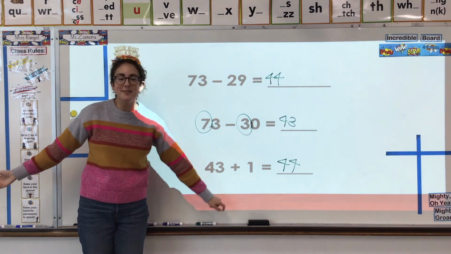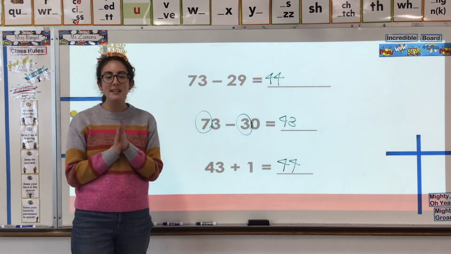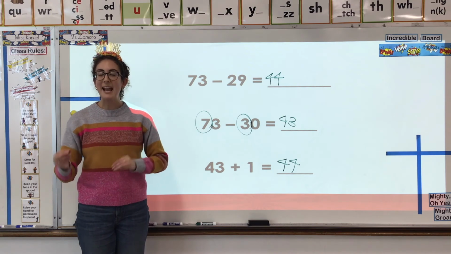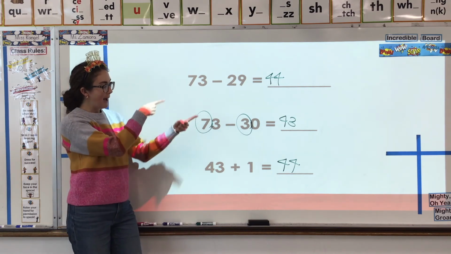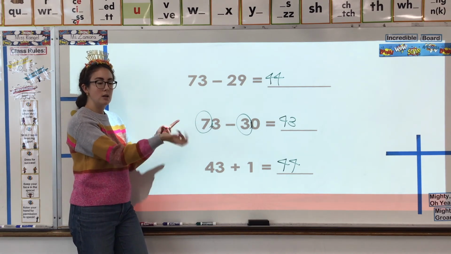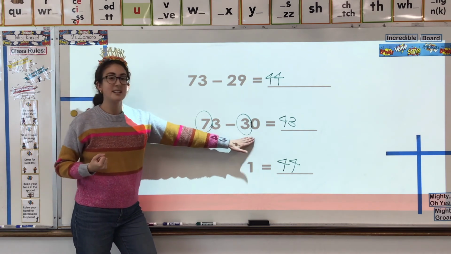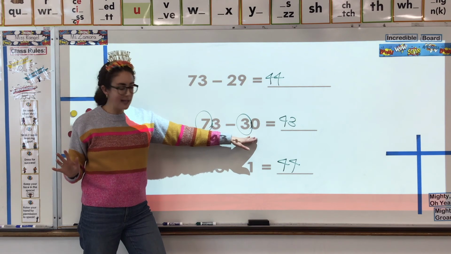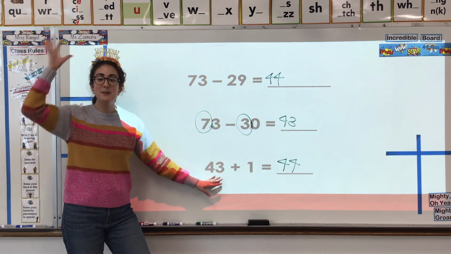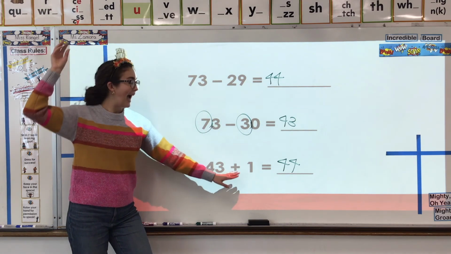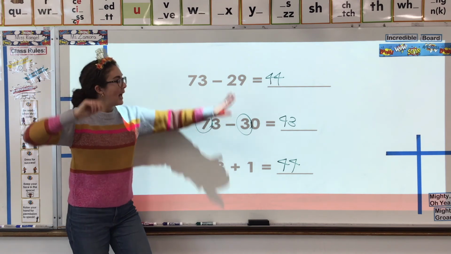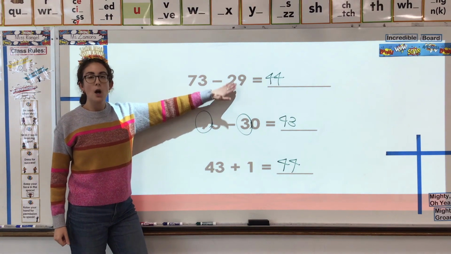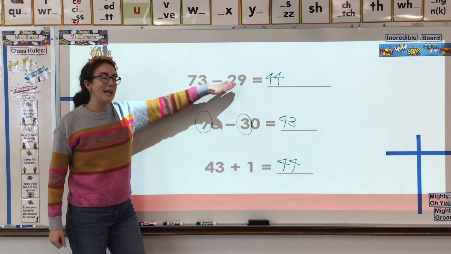So we have now solved 3 awesome sets of these subtraction problems that we were able to break down by first, we subtracted the tens, so we just took away 3 tens, and then we had to add back because we were only taking away 29.